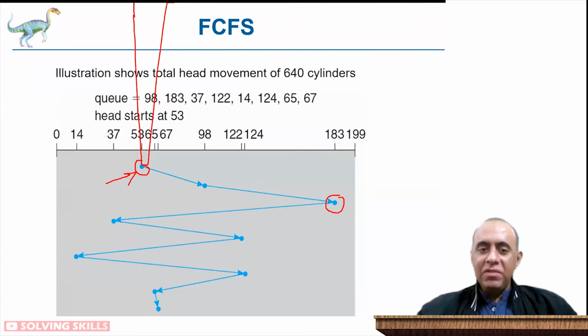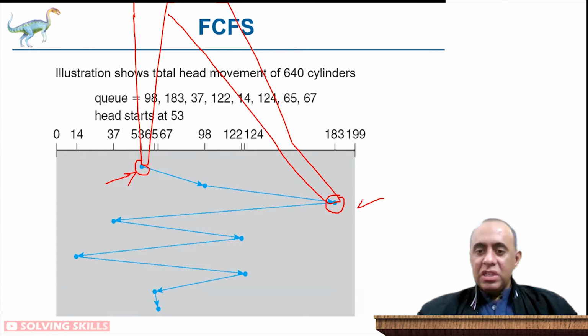Now your head will have to rotate and realign itself towards this location, and because it's a mechanical thing, it will take some time. This rotation will take some time.